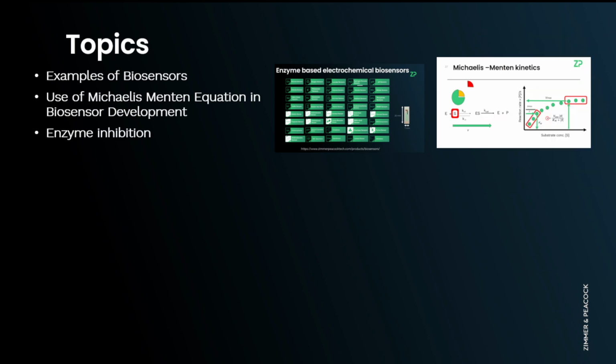We'll also talk about enzyme inhibition. Now, enzyme inhibition is a personal interest, the way that an enzyme that's otherwise working perfectly well can be inhibited by other molecules. This may be super interesting to people in drug discovery, but this video is very much focused on people who are interested in electrochemical biosensors.